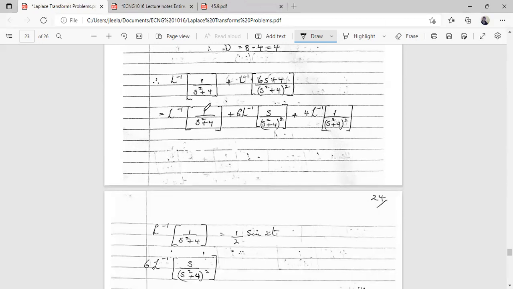Because the Laplace inverse of 1 over s squared plus 4 could be written as this, and then you have to multiply on the outside by a half. Right? So that is how I break it up in order to find the Laplace inverse.